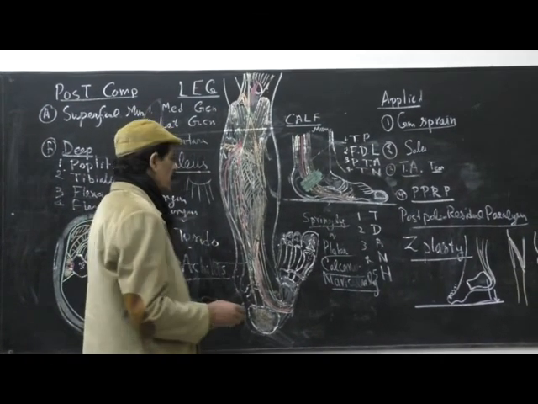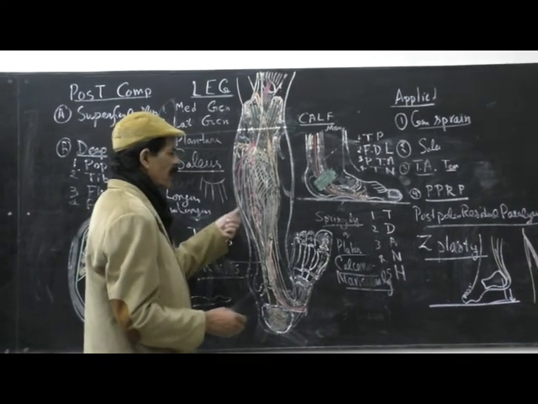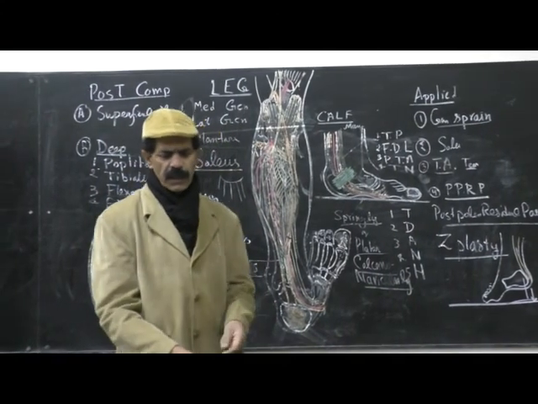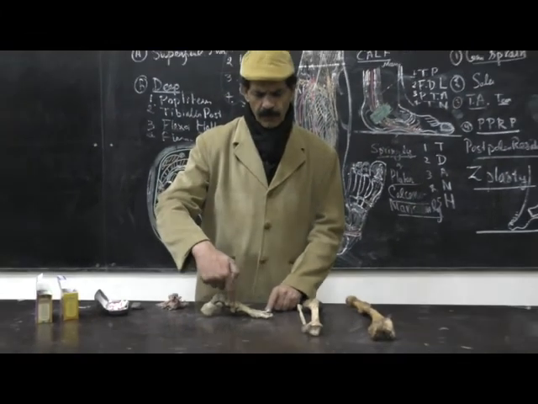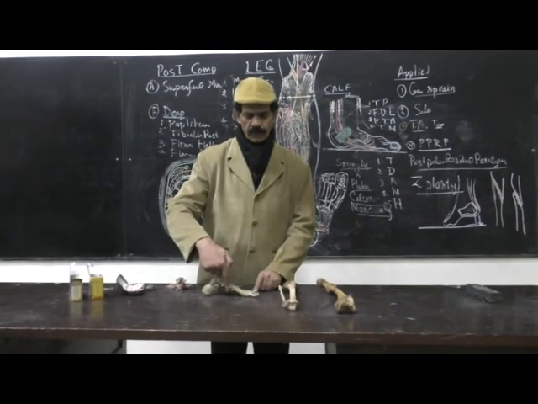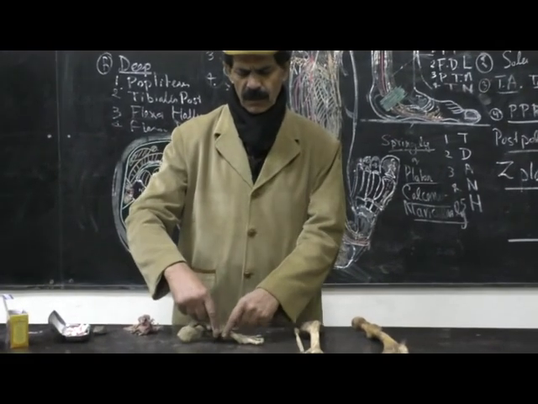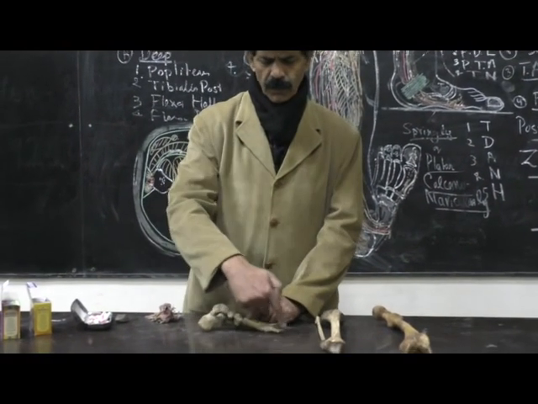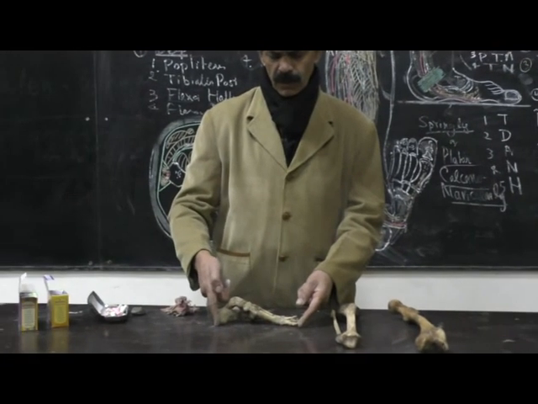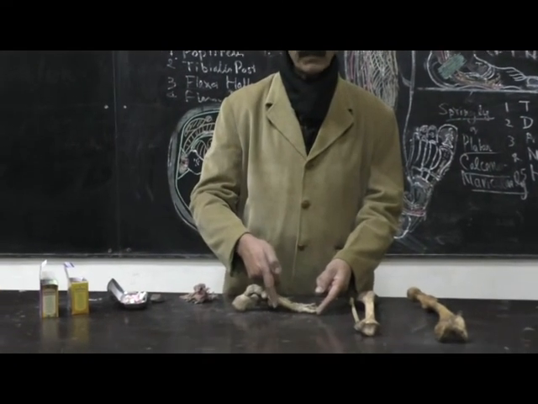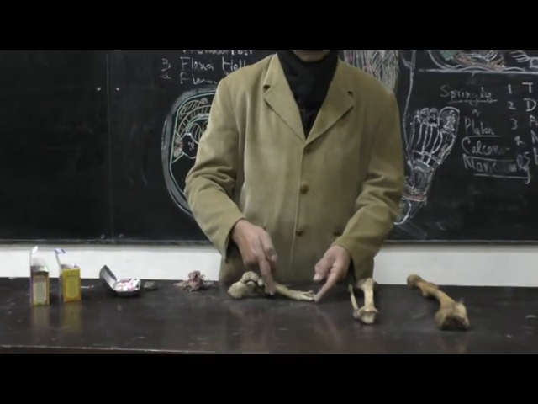Number one is the tibialis anterior. We have seen that the tibialis anterior is inserted over the medial cuneiform bone on its medial surface. If you measure the medial border of the foot, this medial cuneiform bone comes exactly in the middle of the medial border.